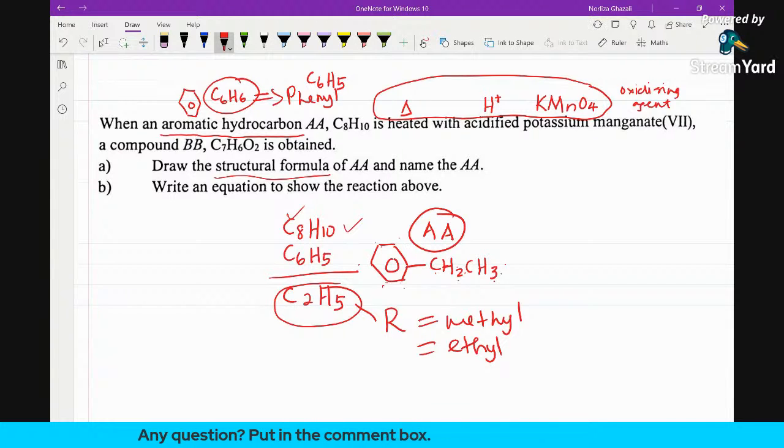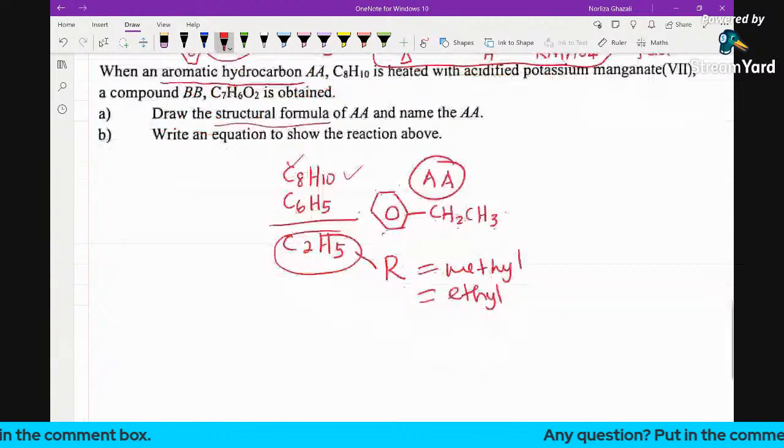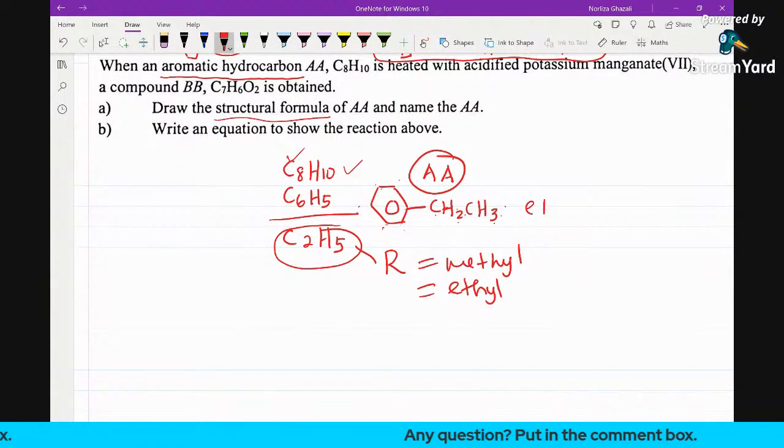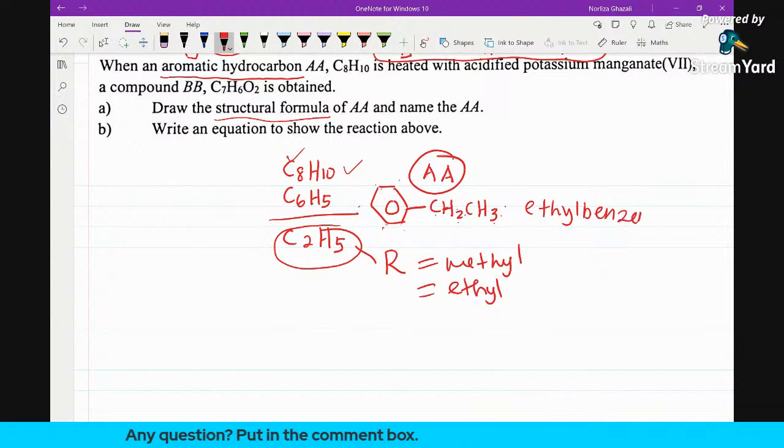Draw the structural formula of AA. Dah dapat. Namakan: ethyl benzene.